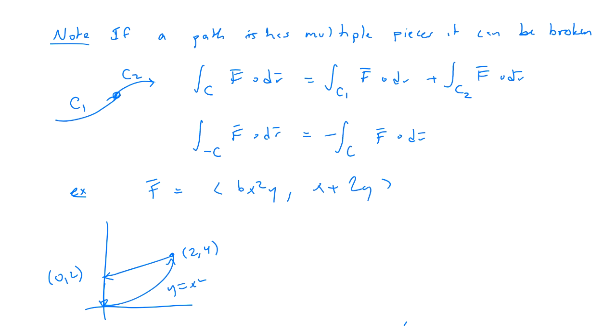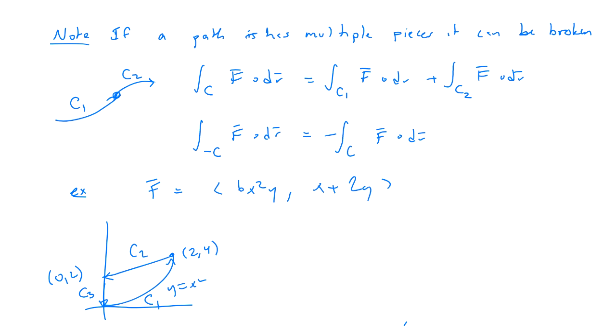I move up to 2, 4, along the curve y equals x squared. Then I go from 2, 4 along the line to 0, 2. And then I go from 0, 2 along the axis to 0, 0. So let's call this C1, C2, and C3.